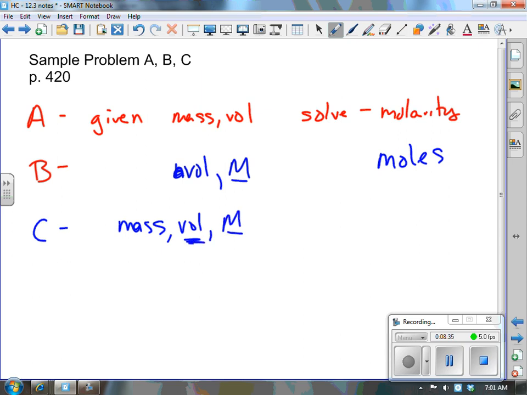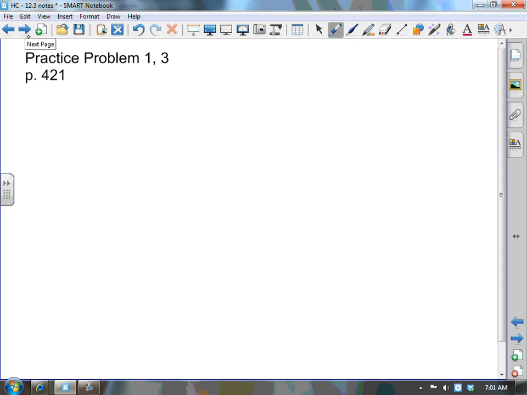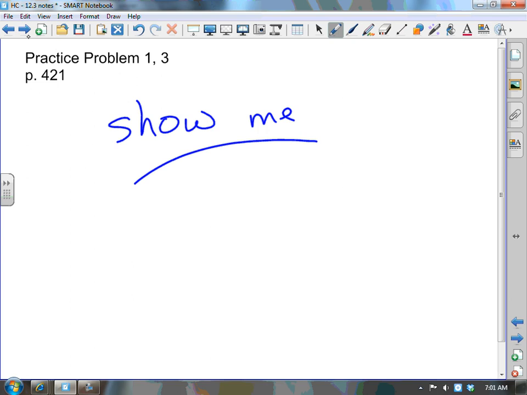And again, the volume you're given is talking about a certain bottle available, and you're asked to solve for how much volume is needed out of that bottle. So 3 different variations there that you can look at. Then the next page, 421, there are 2 practice problems. Here are 2 of the show me's that I want you to do for those.